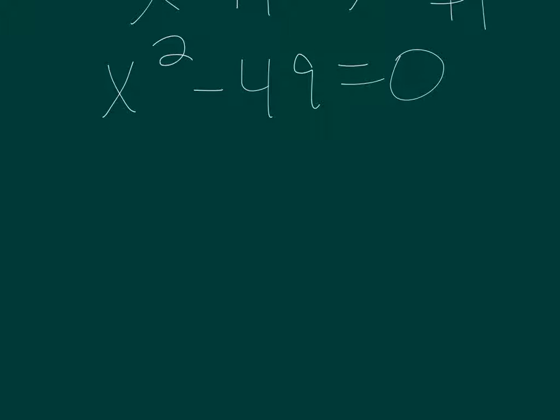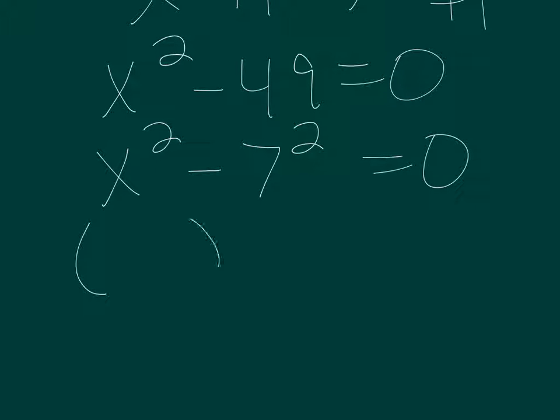Now from here, we have to recognize that this is a difference of two squares. A negative meaning difference. And we can write this as x squared minus 7 squared, because 49 is a perfect square, it's 7 squared. And when you have a difference of two squares, you always factor them as we're going to have an x and a 7.